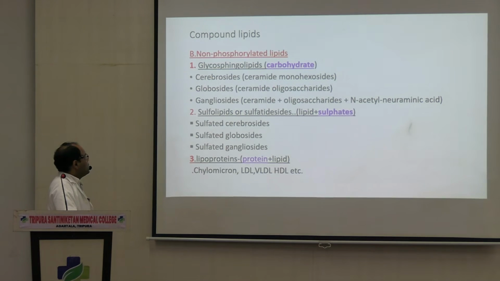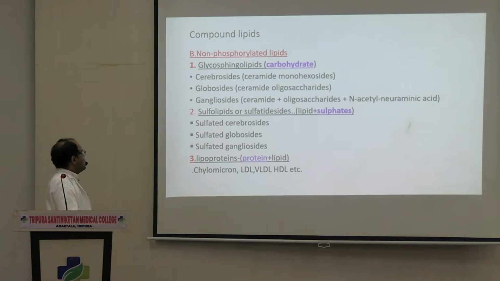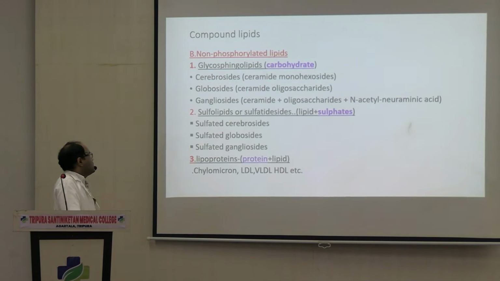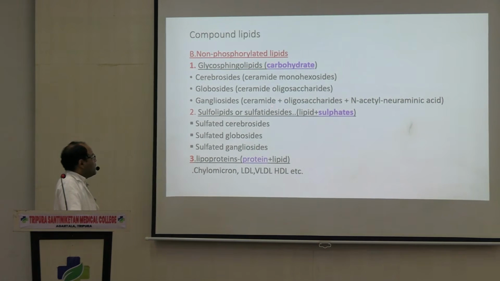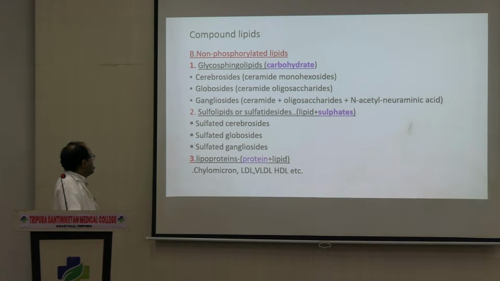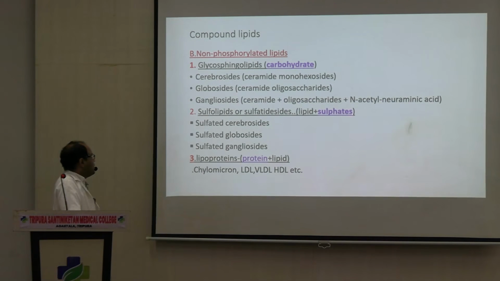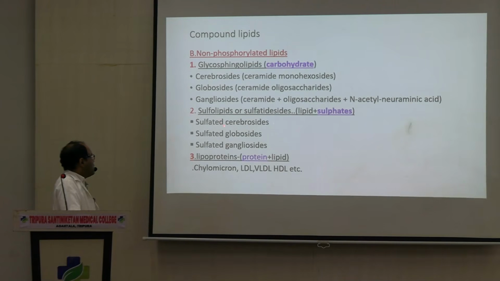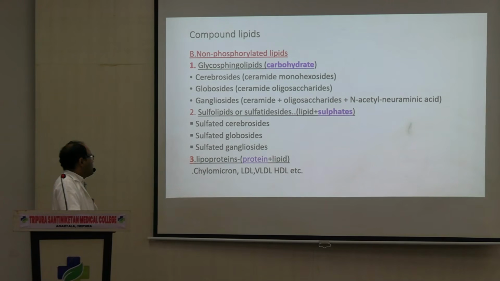Ceramide monohexosides and globosides, ceramide oligosaccharides. Gangliosides, they are present in ganglion, ceramide plus oligosaccharide plus N-acetylneuraminic acid. Next is sulfolipids or sulfatides, lipid plus sulfate. Example, sulfated cerebrosides, sulfated globosides, sulfated gangliosides.